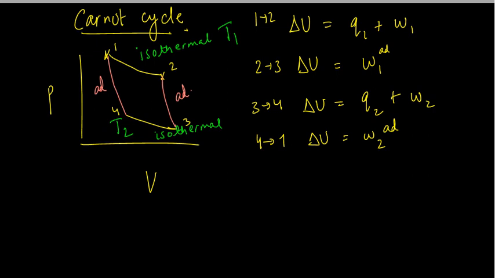Now if I want to see the efficiency, that is the total work done, which would be the sum of all the works done by the system and on the system. So I just need to add up all these works.